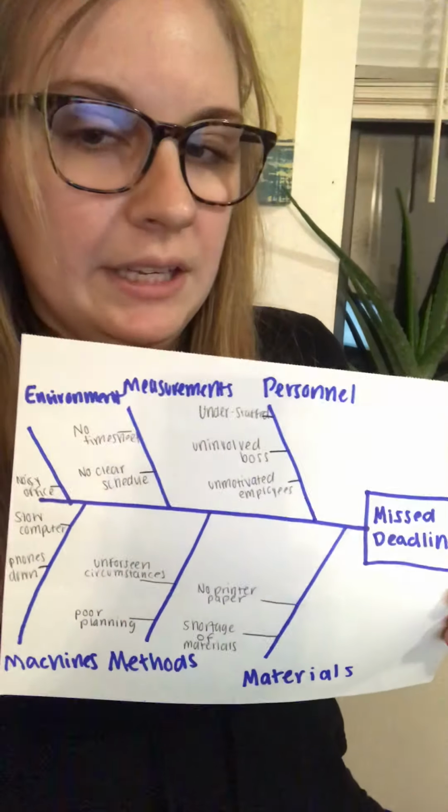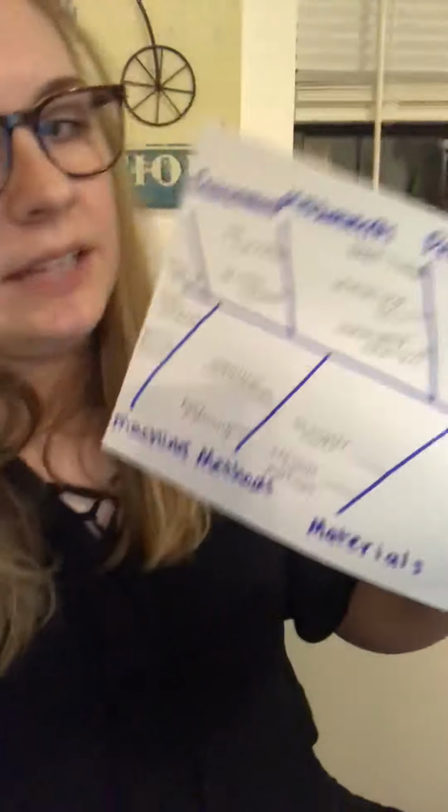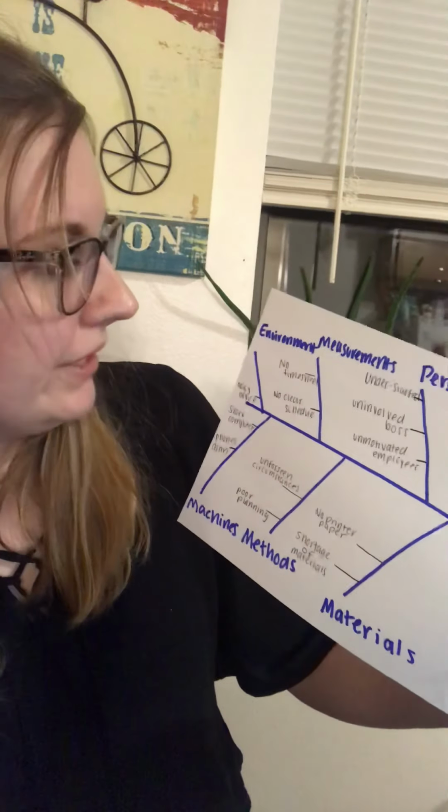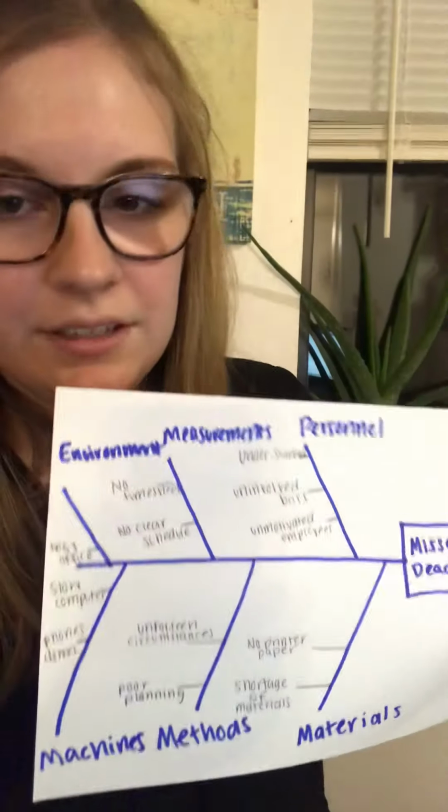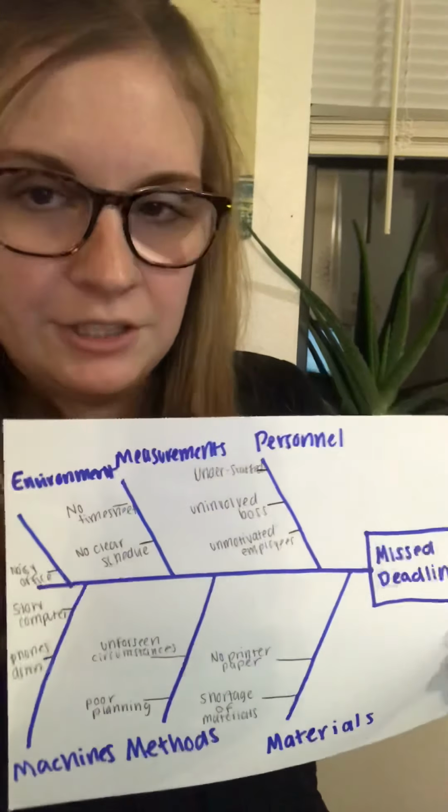I will mainly focus on the missed deadline of a construction problem, where the problem was that the lights were not installed on time. So as you can see, once you identify the main problem, you will then begin by labeling your main causes. In this case, I use the main causes that I listed earlier: the environment, the measurements, the people, the methods, the materials, and the machines.